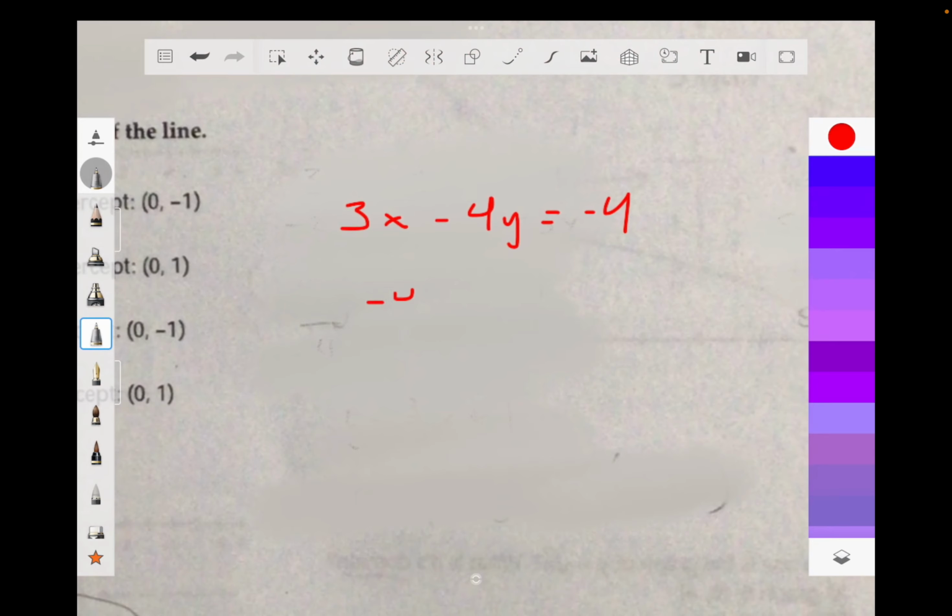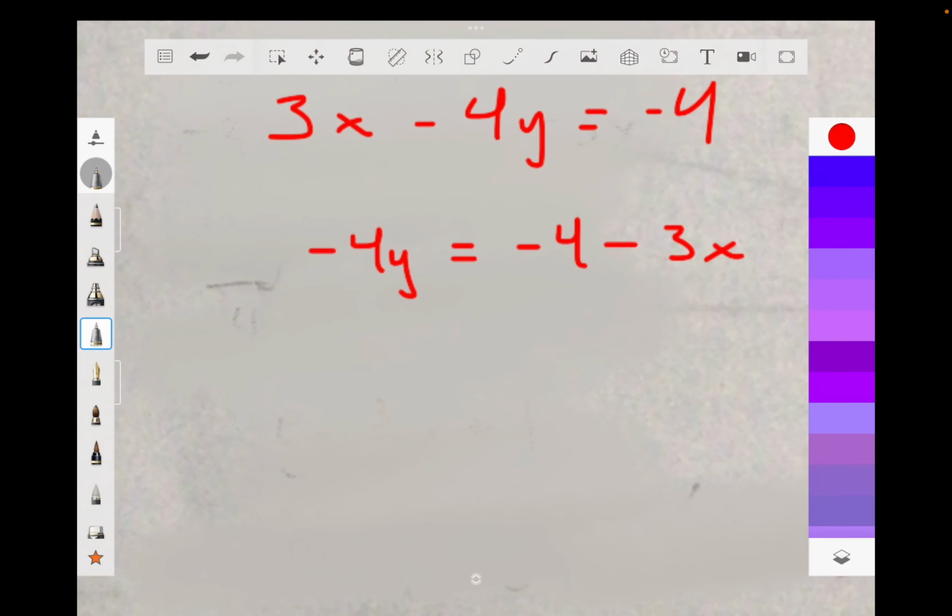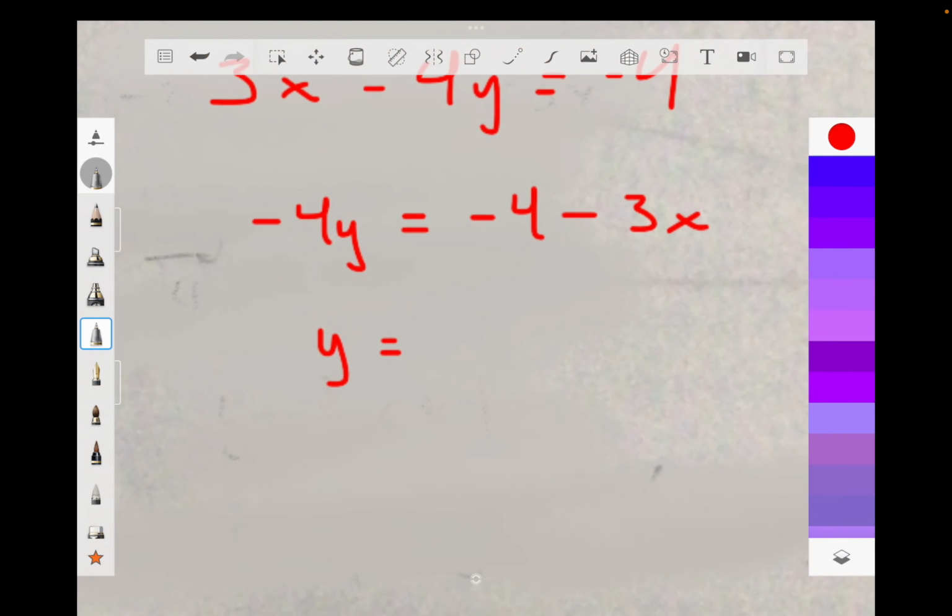It's going to be negative 4y equals negative 4 minus 3x. Then we divide both sides by negative 4. So it's going to be y equals negative 4 over negative 4 minus 3x over negative 4.